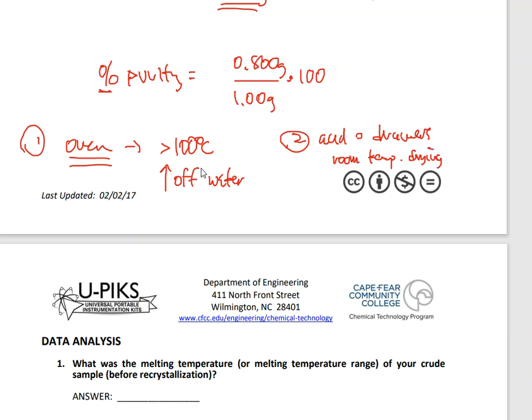And then when you come back, you can get the mass and do what you need to do to finish up the lab after that point. So depending on how we're feeling, we'll let you know what to do as far as drying your product, whether it goes into the oven for 30 minutes or so, or whether we tell you just leave it in your drawer and come back and finish this lab up on a different date. So whichever way we'll go, that's what we'll tell you. Just ask. We'll let you know.